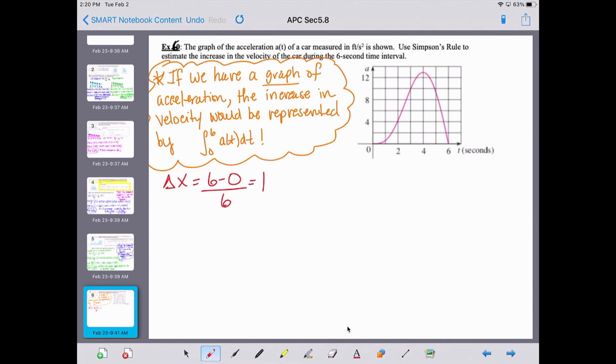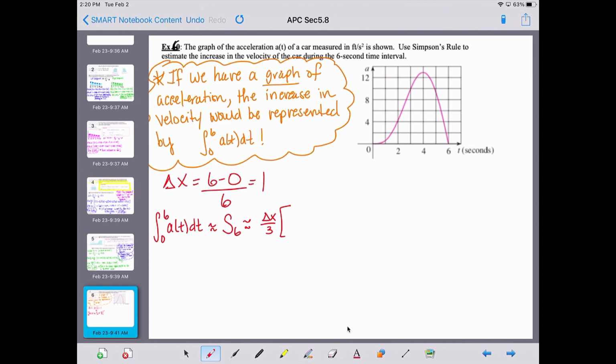And so our integral from 0 to 6 of a of t dt is going to be approximately equal to S sub 6, which is approximately equal to delta x divided by 3 times, okay, now our lower endpoint is 0, right?